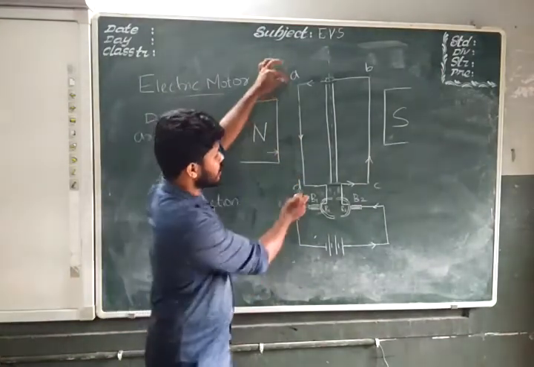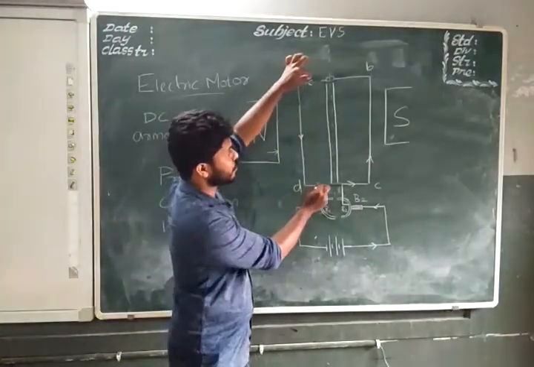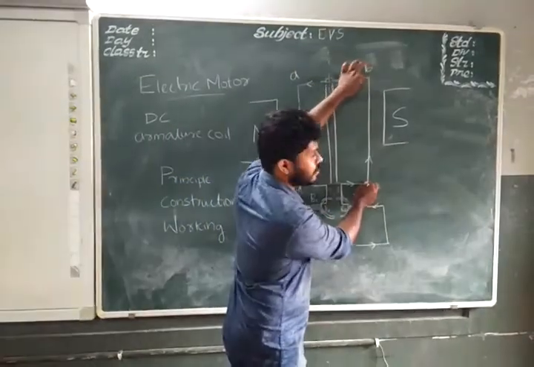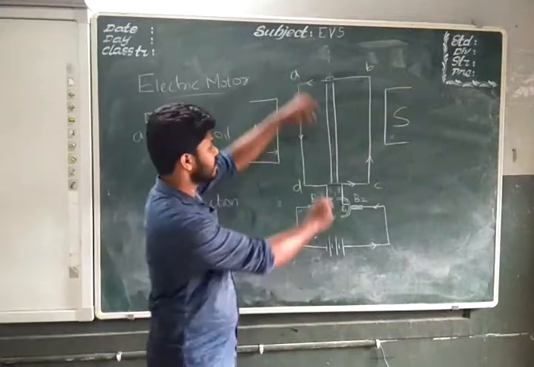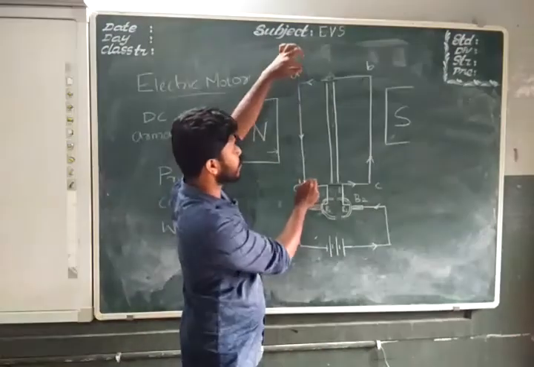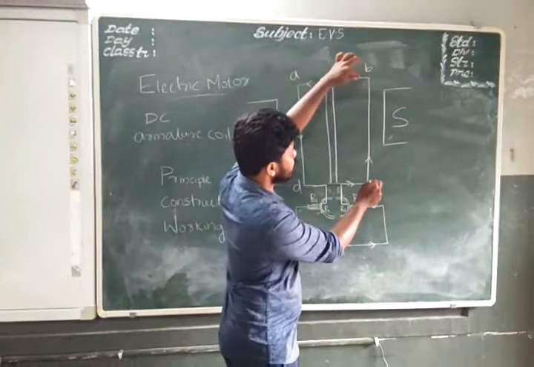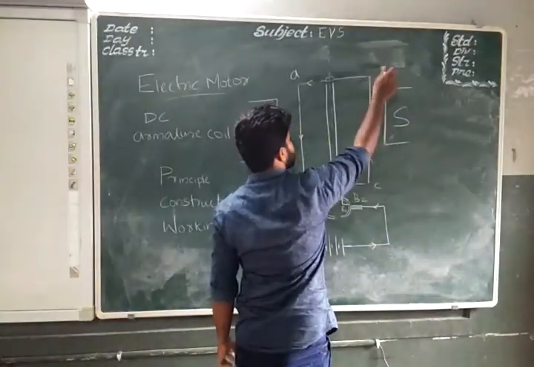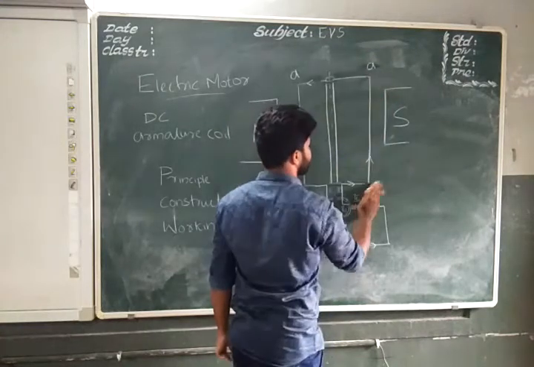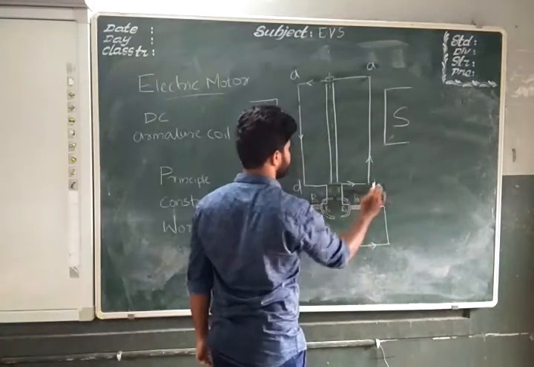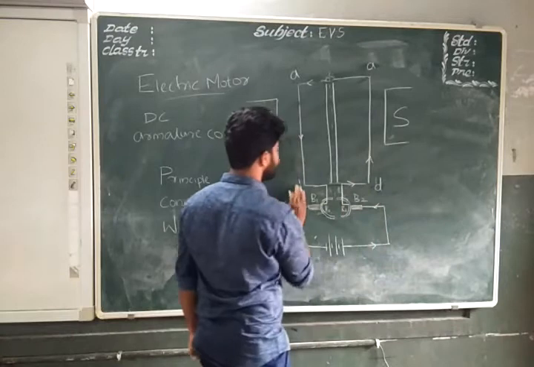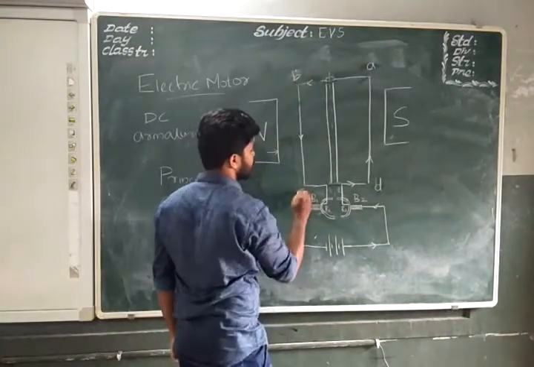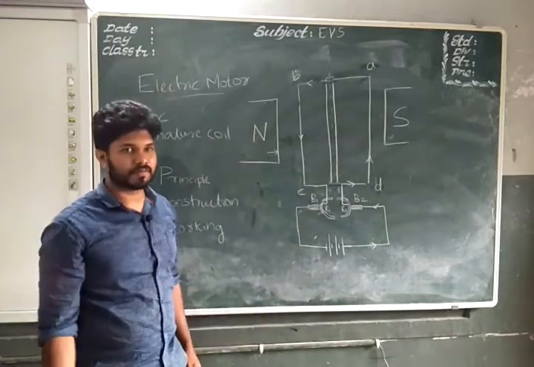So slowly AD starts to move, experiences the force, and rotates along the axis until it reaches here. Now these portions have swapped: AD has moved to there and BC reaches here.